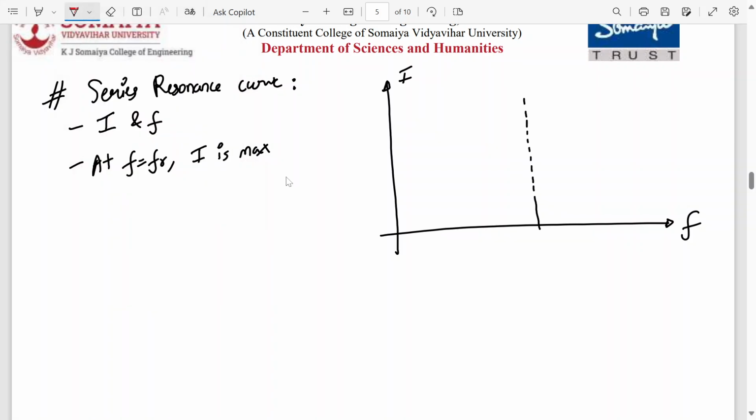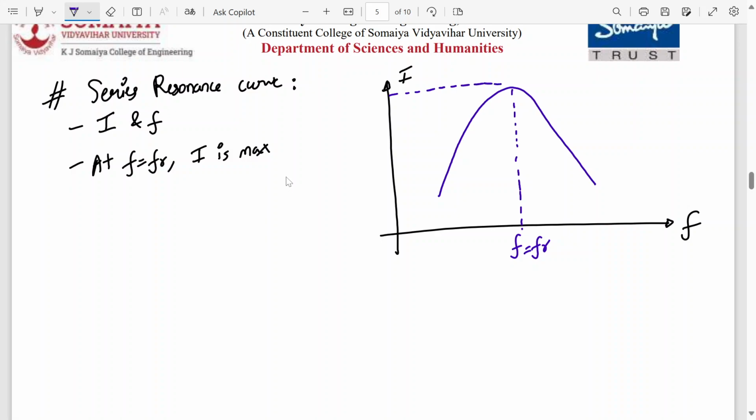So the current will vary like this. This is my resonance curve. Please draw it. So this is F equal to FR, the resonant point.